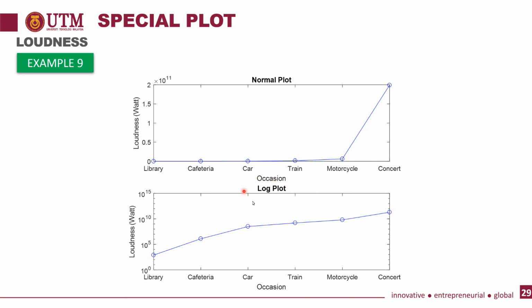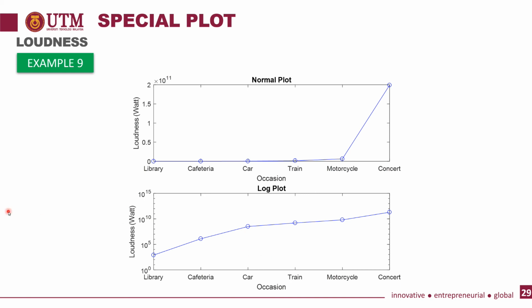Therefore we are using log plot. You can see in log plot the major differences between the library, cafeteria, and so on. The data is similar, but the way the data is plotted is different. So if you have a large value of data, you must use log plot so that you will be able to see the differences.